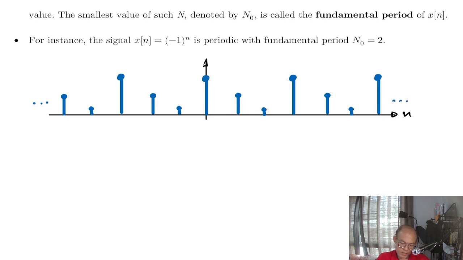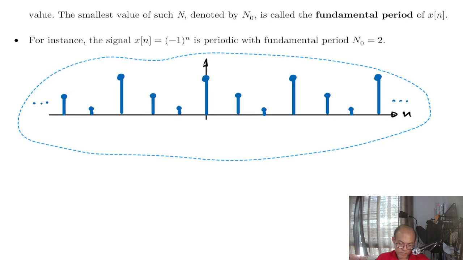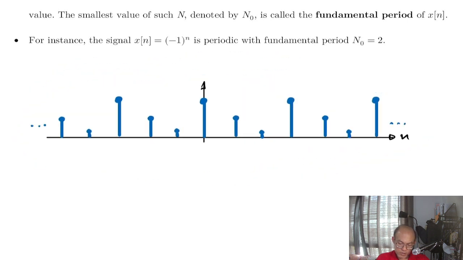Now, this signal is a periodic signal. It's periodic, okay? And the fundamental period of this signal is 3. This is the fundamental period.